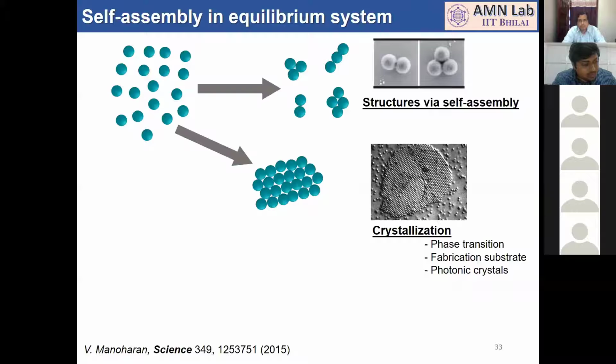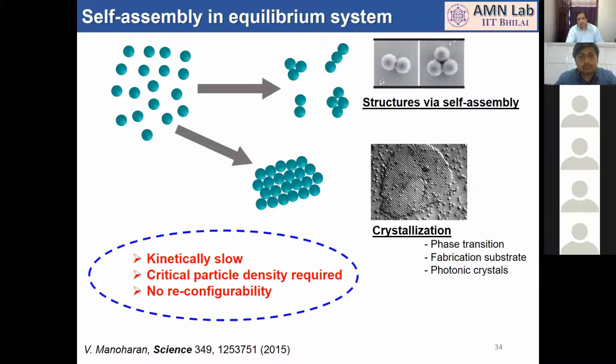But the point to be noted here is that all these self-organization, self-assembly or clustering approaches have some big, fundamental problems. First, the assembly approach in colloidal systems is kinetically slow. It may take from a few hours to several days to see some structure.